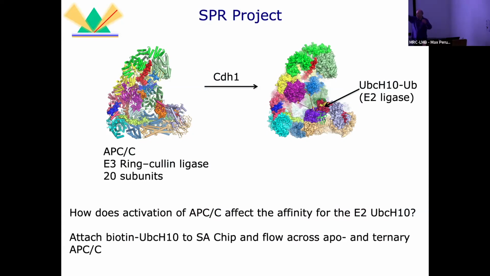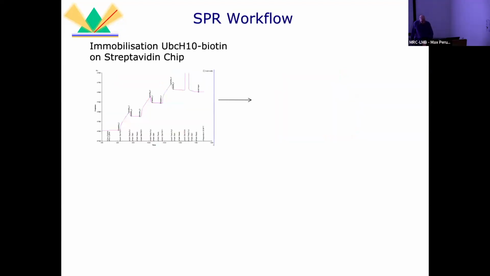Obviously, you can see it's a huge, big complex, and we didn't want to attach that onto the surface because it may just fall apart, and then what have we got? So we attached the small UBCH10 onto the surface, and then looked at the interaction with the APC plus and minus CDH1.